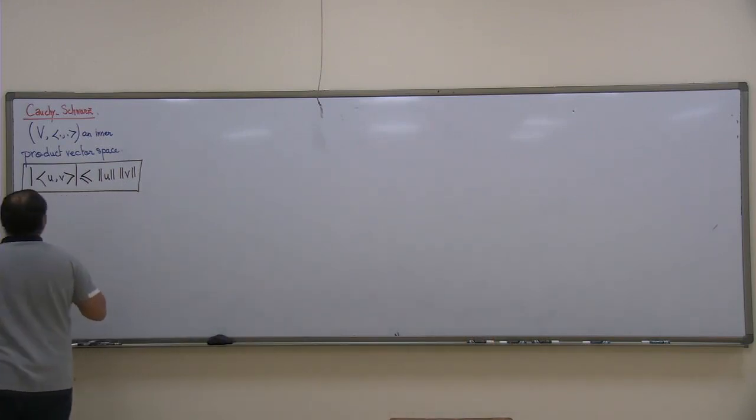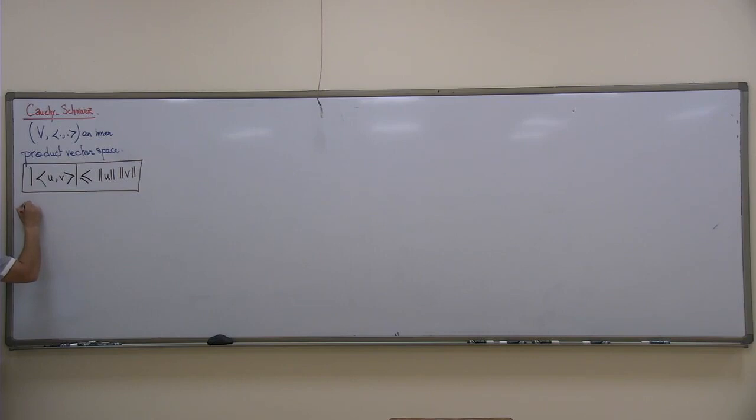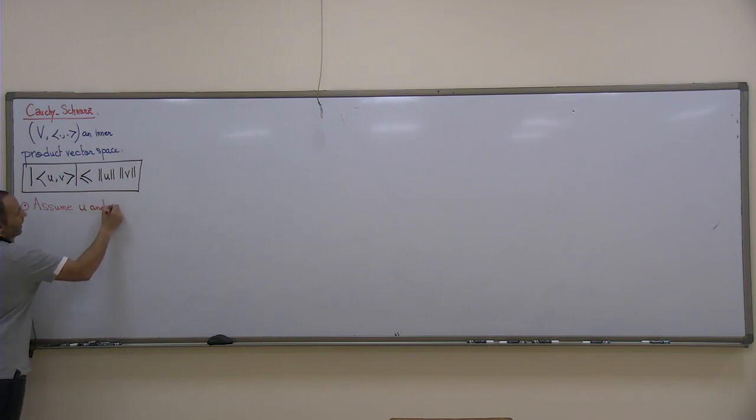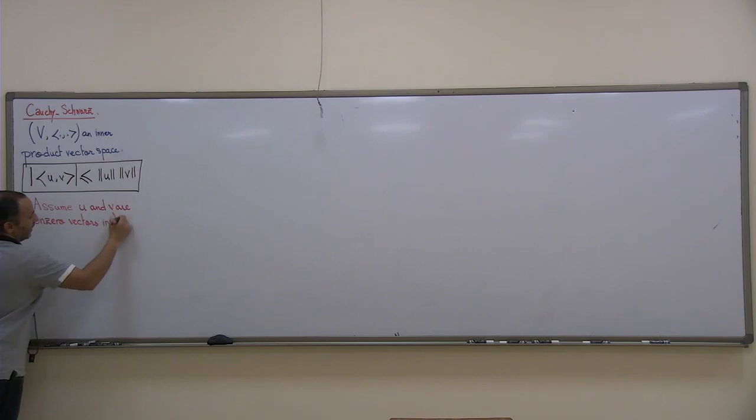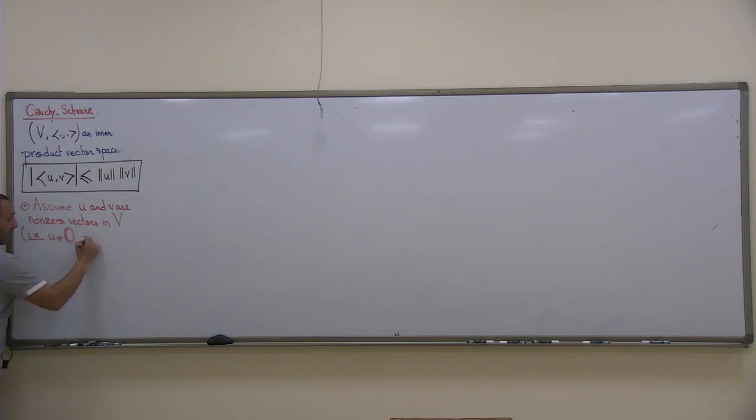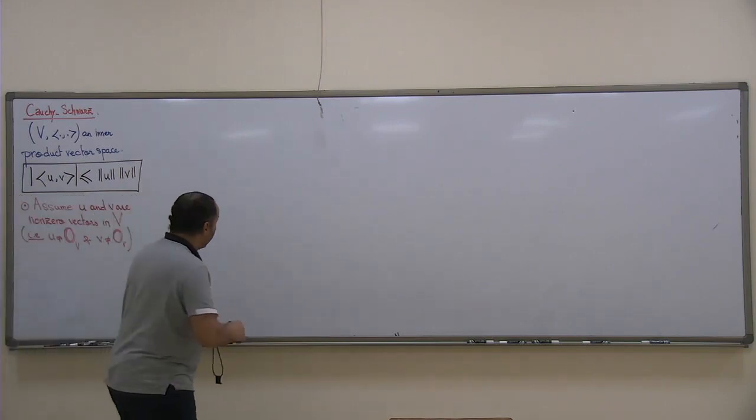Okay, so now let me assume U and V are non-zero vectors in capital V. So basically I'm saying I don't want U to be the zero vector of V, and also V is not the zero vector of V. Okay, I just stay away from the trivial case, the zero vector.